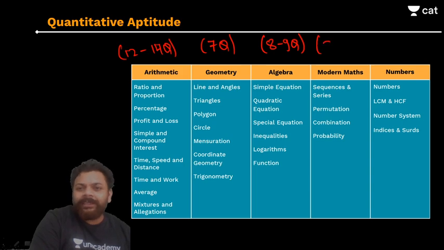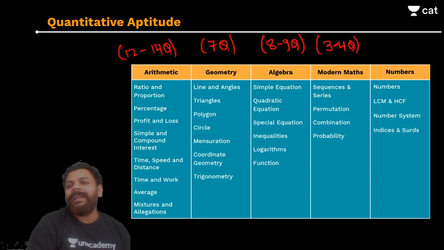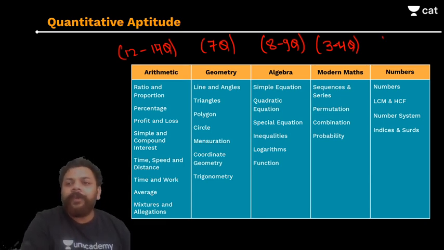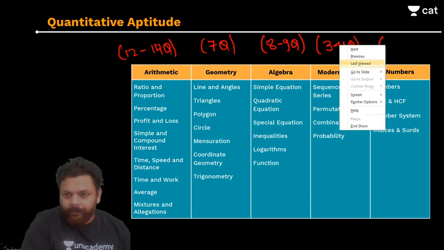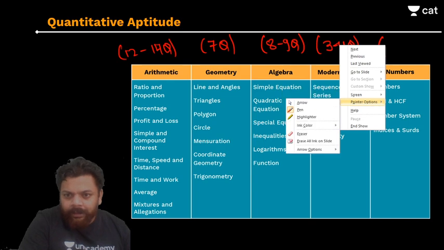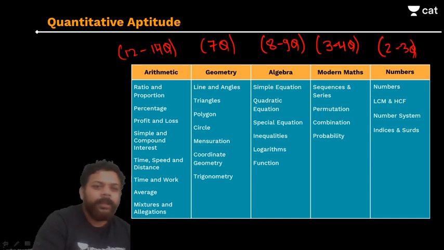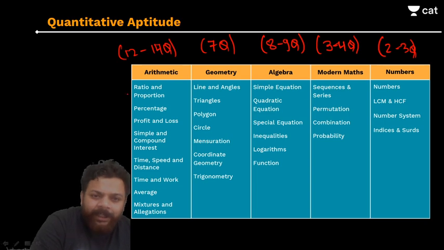From modern maths there will be, I guess, 3 to 4 questions. From numbers there will be 2 to, I'm sorry, there will be 2 to 3 questions. So since arithmetic is a very huge part, I'll explain this one.